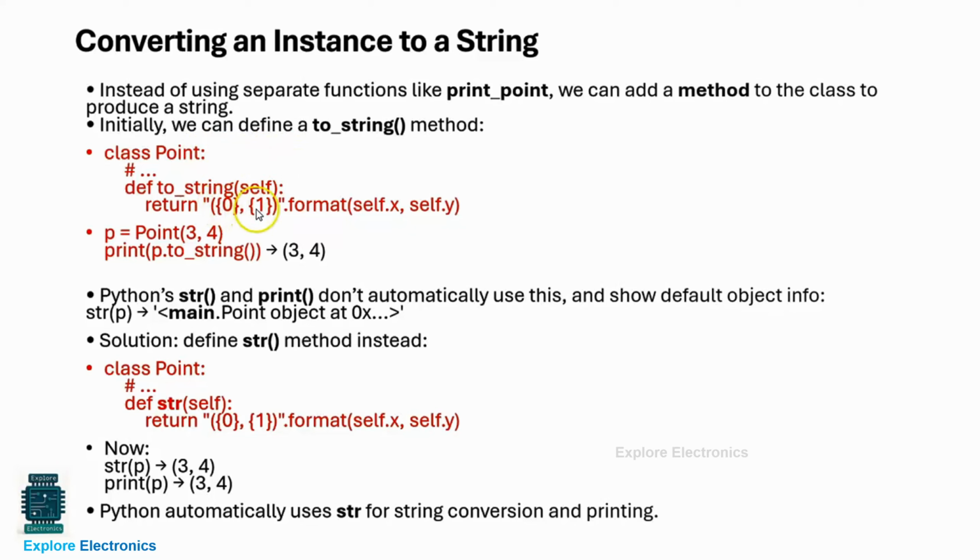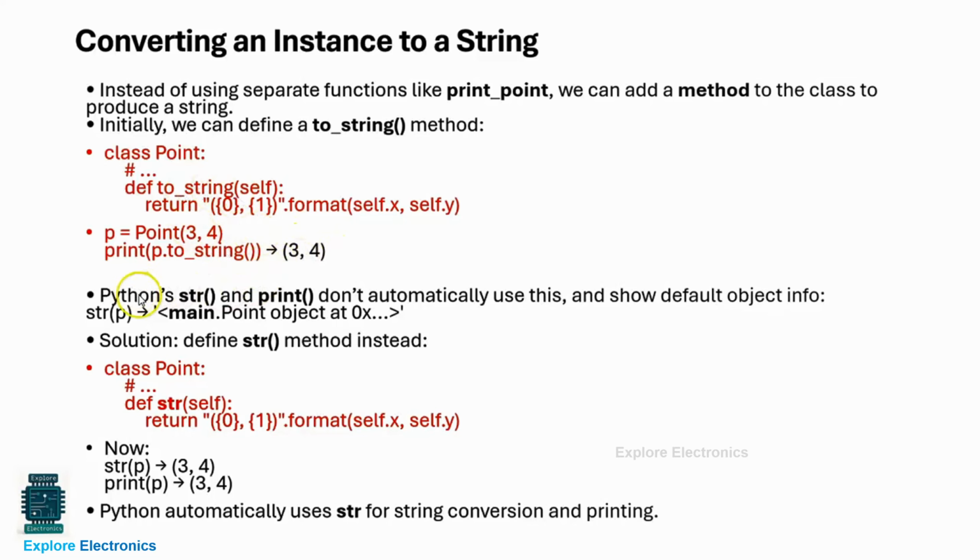Define to_string(self): return '({0}, {1})'.format(self.x, self.y). Here self.x and self.y store the x and y values inside the object. p = Point(3, 4) creates a point object with x equal to 3 and y equal to 4. Print p.to_string() prints the coordinates of the point, that is 3 and 4.